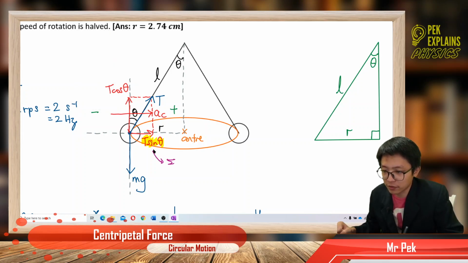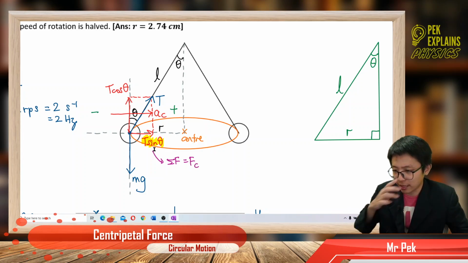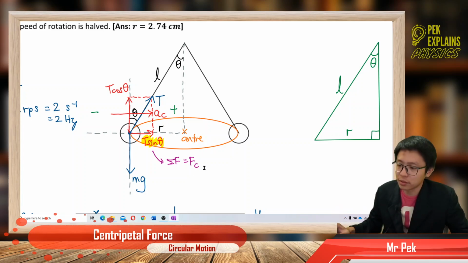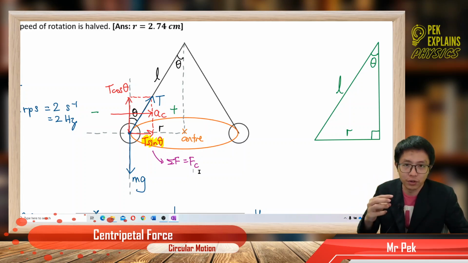And this resultant force is the centripetal force. So T sine theta is the centripetal force which is required for the pendulum to move in a circle. It is T sine theta that makes the pendulum move in a circle. This T sine theta serves as the centripetal force for the circular motion to happen.